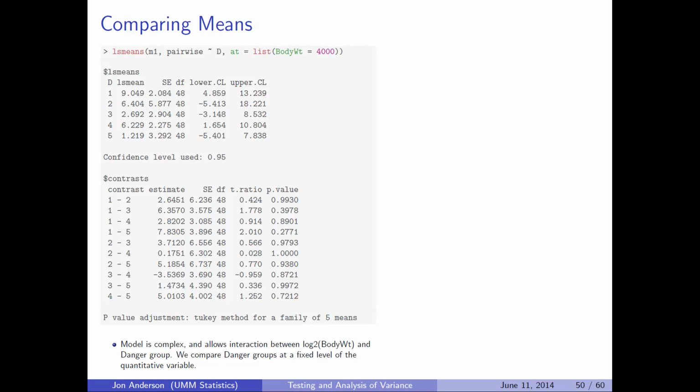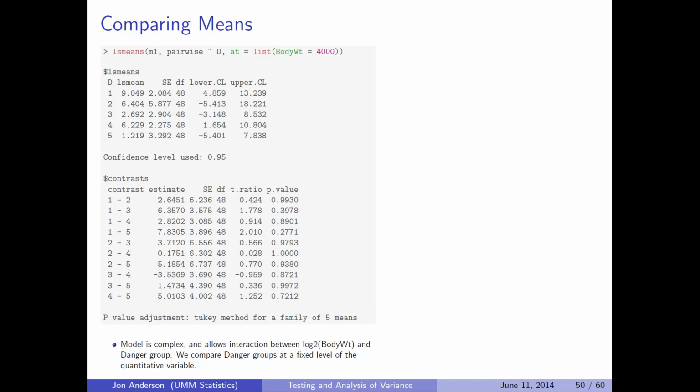Here's how we would compare those at a particular body weight setting. Here's what the danger group average estimates would be by plugging in 4,000 into our estimated model. And then here are the comparisons if we wanted to compare 1 to 3 or 1 to 5, 2 to 3. Here are the sleep duration differences depending on which group we wanted to do.